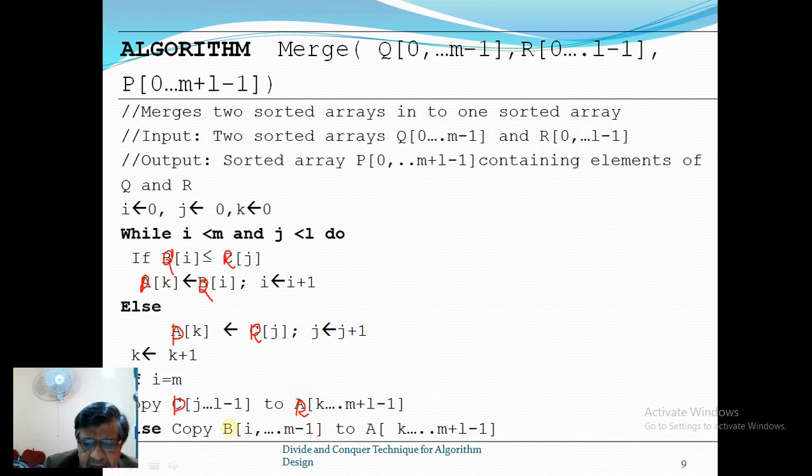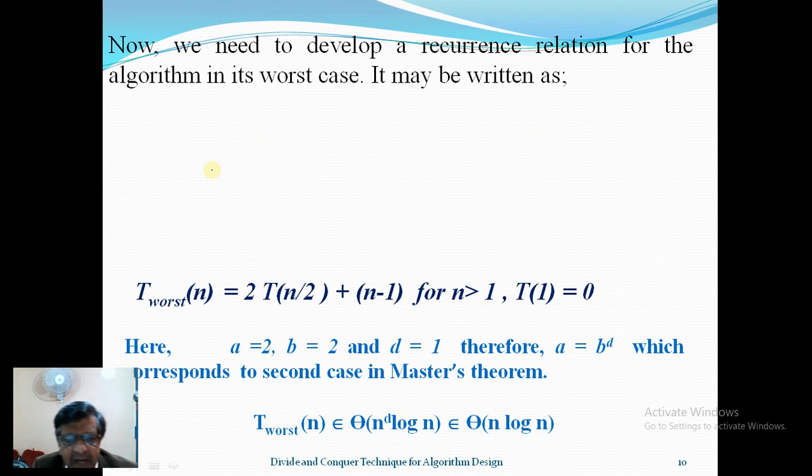Otherwise you copy to p whatever remains in q. So this is the thing. So now every time it calls till this particular condition is not met, when the complete merging happens.